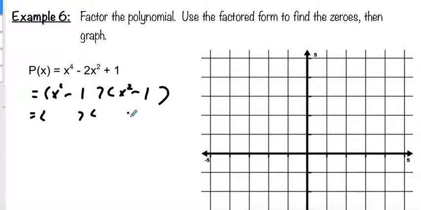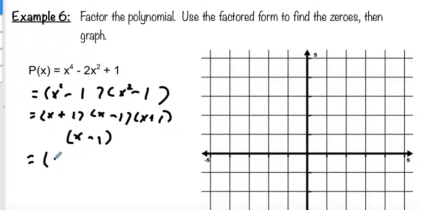The square root of x squared is x. The square root of 1 is 1. One's a plus, one's a minus. So I have x plus 1 and x minus 1.